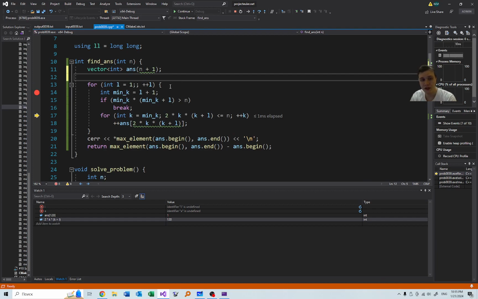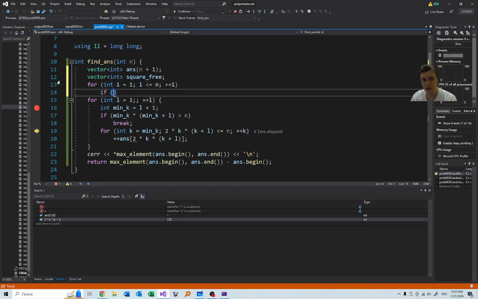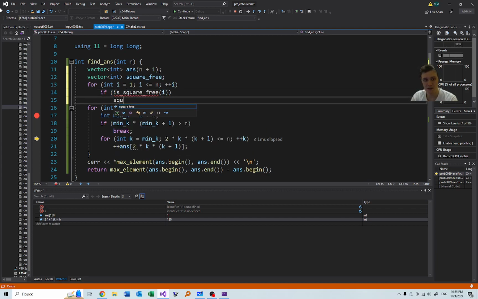Okay, to do that, let's find the set of all possible square-free numbers till number n, for example. So if it is square-free, then we push it back in the square-free array.